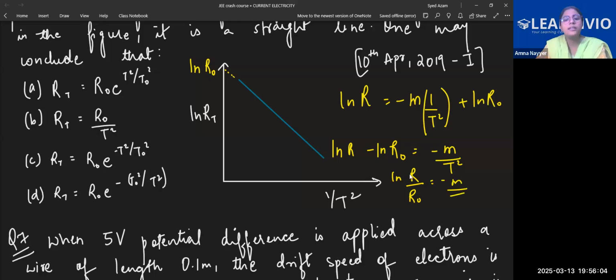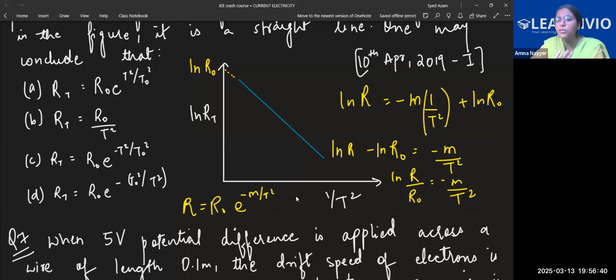Now, if you have to replace this log, what comes? Exponential. So see, that's why these options are given in this manner. Exponential is mentioned here. So if I remove this log sign, R will be equal to R naught, and the rest of the thing goes into the power of the exponent. So power of exponent will have minus m by T square. That's it. This is what we could conclude till here.